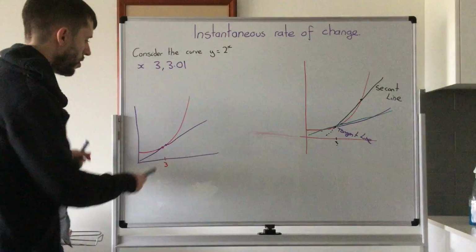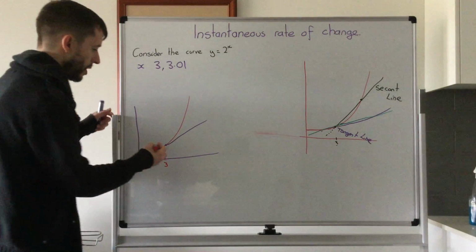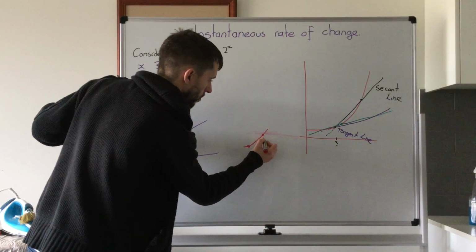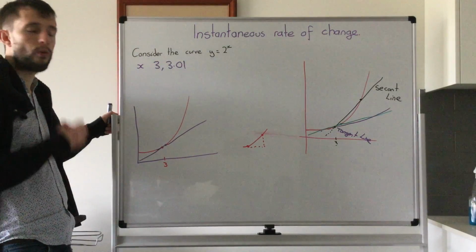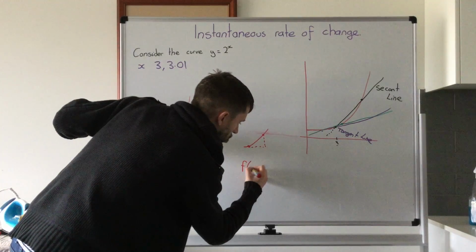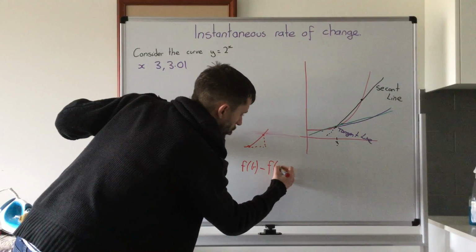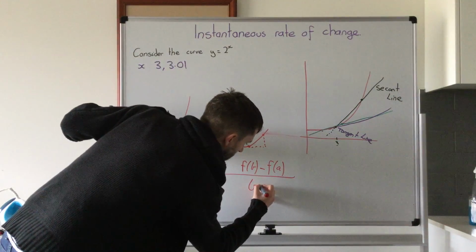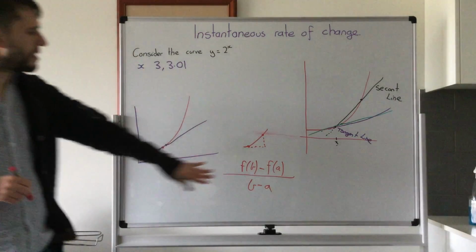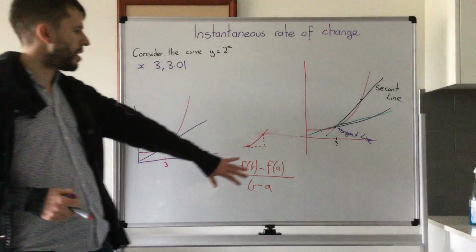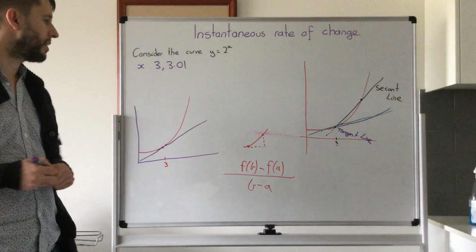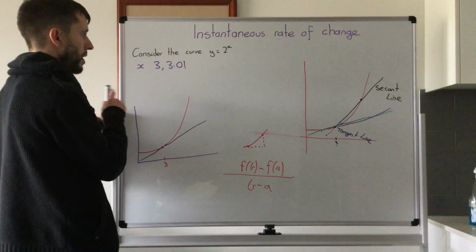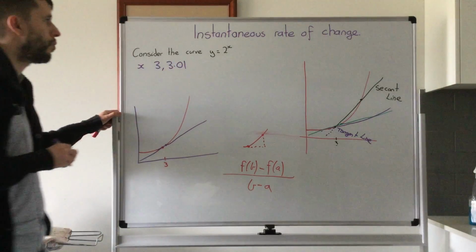So if we are thinking about looking at rise over run, our formula for rise over run is the function of b minus the function of a, because that is our y-axis, divided by b take a. So that is our equation. Now if we can use that with these points to help us out, so let's have a go. If I have the function of b, so that is going to mean this is b, 3.01.